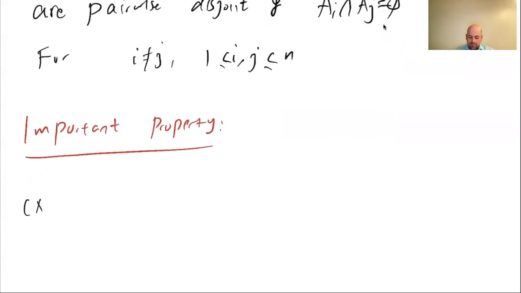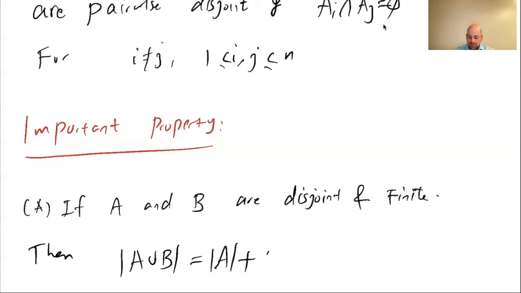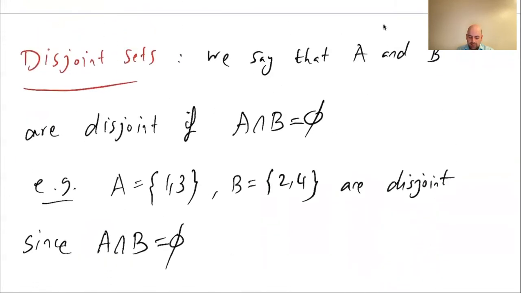If A and B are disjoint and finite, then the cardinality of A union B is equal to the cardinality of A plus the cardinality of B. If A and B have no common element, disjoint means no common element, then when you take the union, the number of elements in the union is the same as the number of elements in A plus the number of elements in B. I think we did an example here.